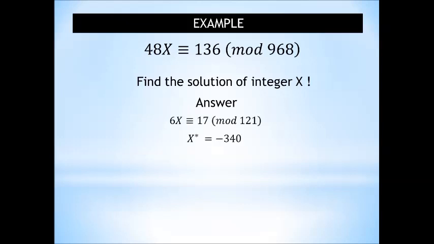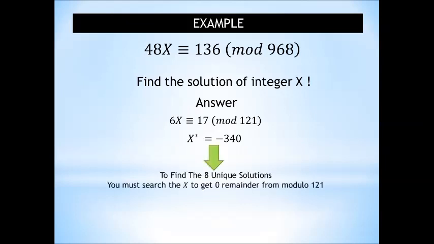Because the solution for this equation is minus 340, but it doesn't give the unique solution. To get the unique solutions, you have to find 8 solutions. You must search for x first, to get the remainder from modulo 121.